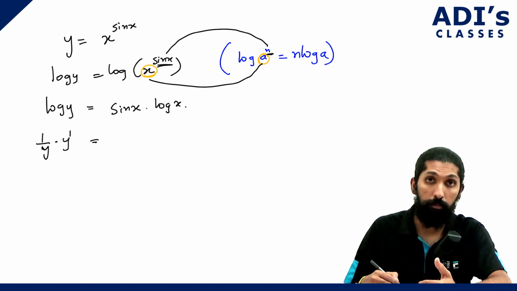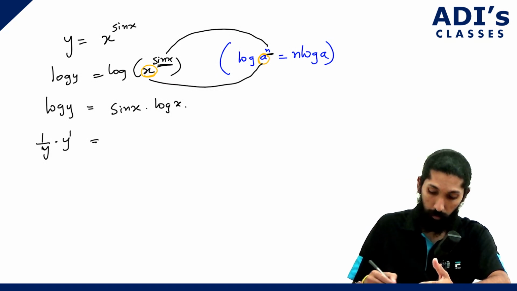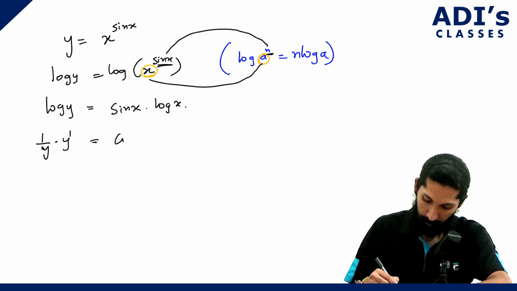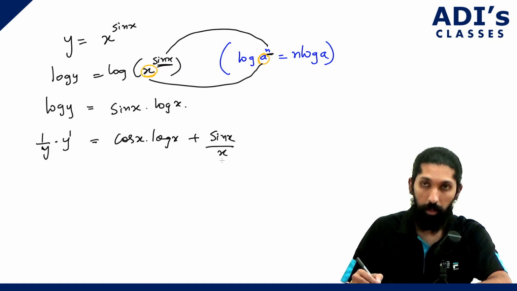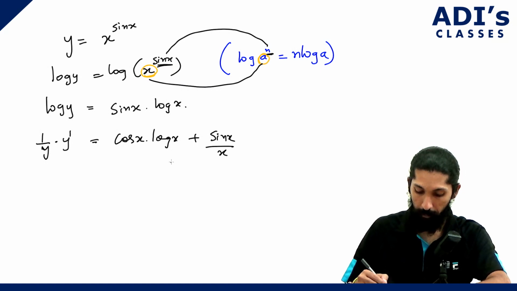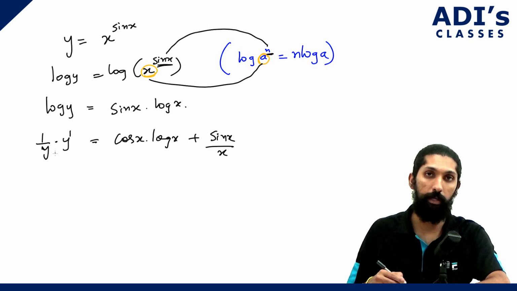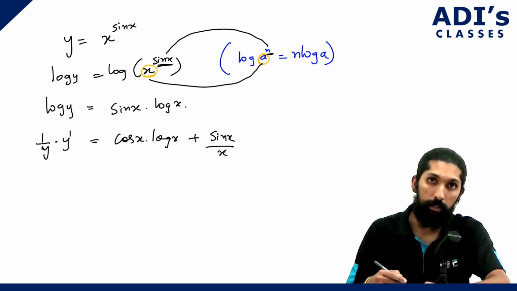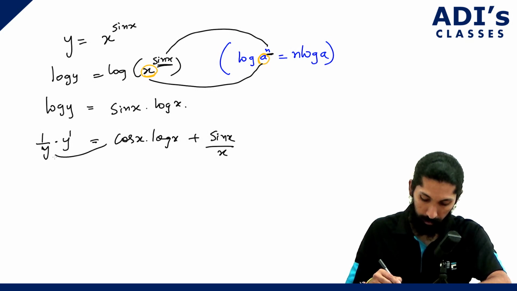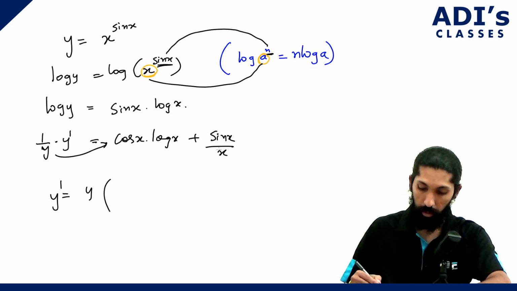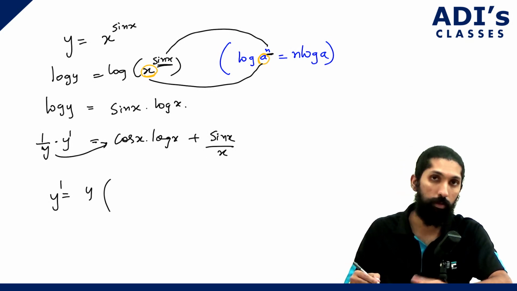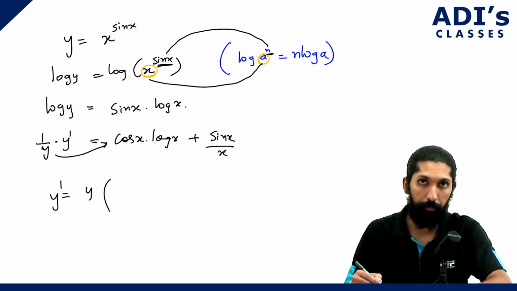First you need to apply the product rule. For sin x the derivative is cos x into log of x, plus sin x divided by x. This is 1 by y into y dash. What we need is just y dash, so cross multiply the y to this side. Y dash is equal to y into, if you want, you can take the LCM, or you can keep it as it is; it's entirely up to you.